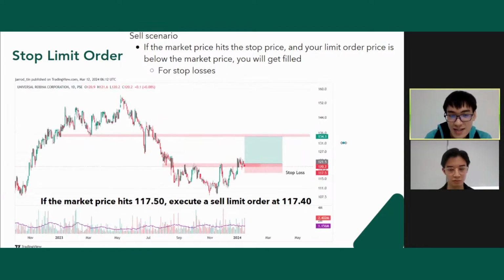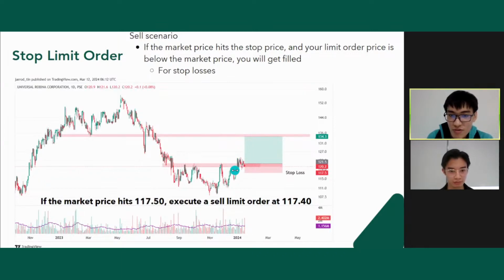So next is for stop losses naman. So this is for the selling. Let's say, example, URC, you identified na may resistance dito, tapos bumili ka na sa breakout. Then you just want to set your stop loss na automatic, diba? So that di mo na bantayin, right? So you put your stop loss here. So how do you execute that order? That would be a stop limit order. That's a sell stop limit order.